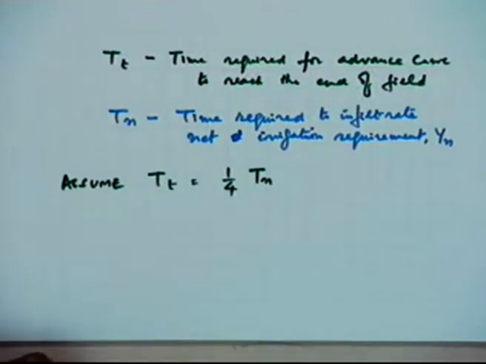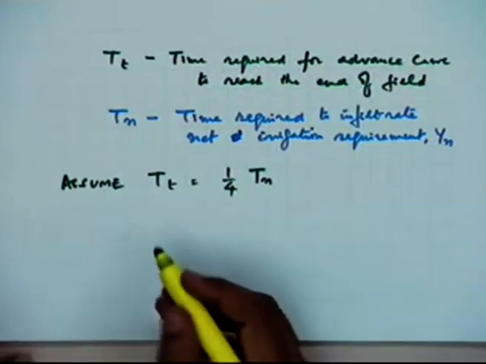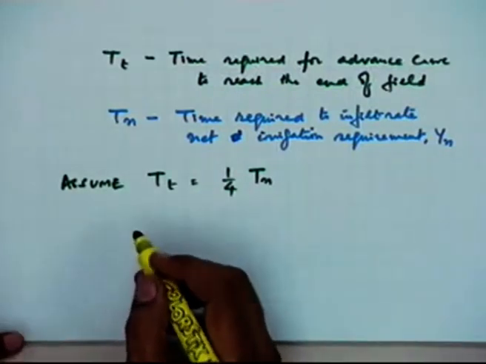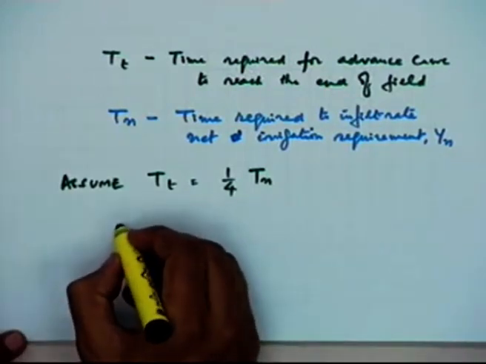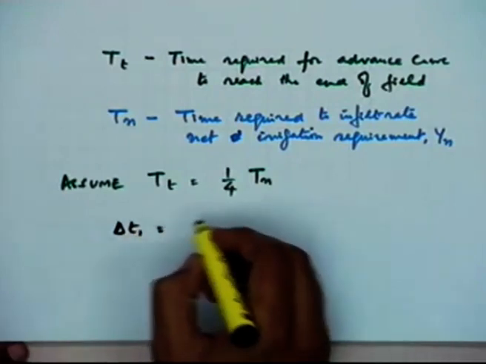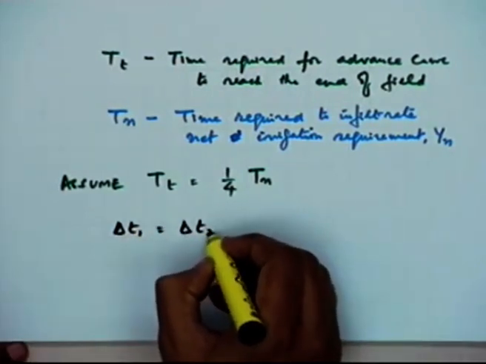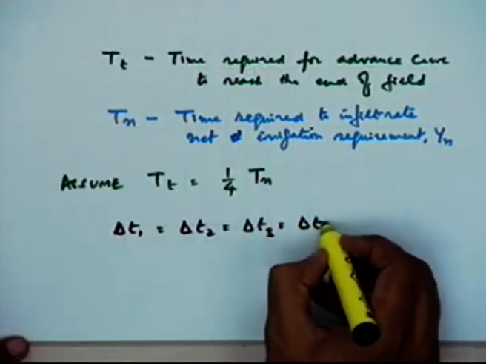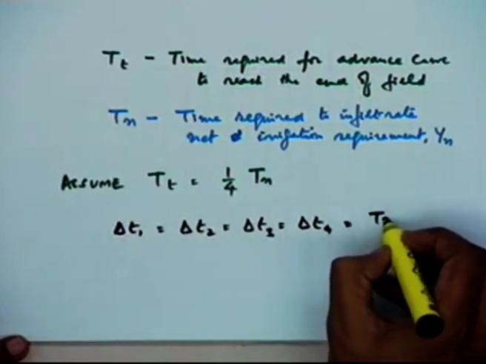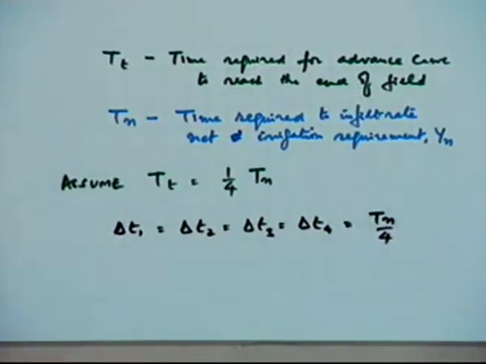With this assumption, we divide the total time taken, which is the Tn, into 4 different parts: delta T1 and so on. Each one of these is an interval which we are going to consider, and each one is equal to Tn by 4.